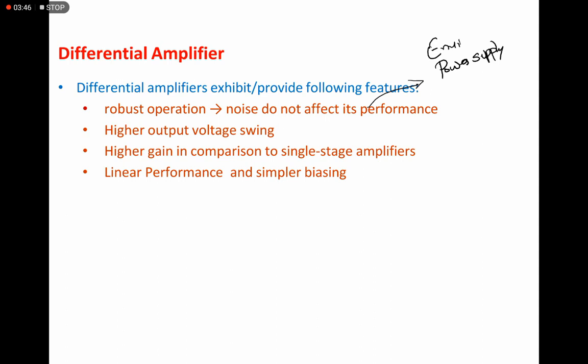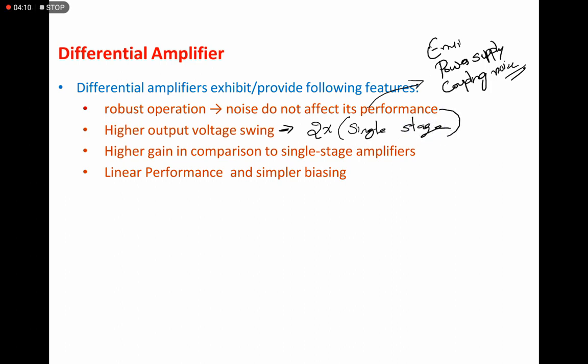It provides a higher output swing, because in most differential amplifiers we take a differential output, or double-sided output. So the actual swing is 2 times the single-stage output swing.